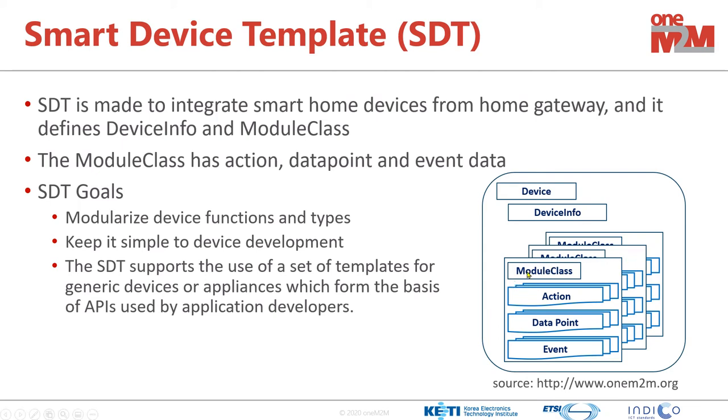So module classes are defined to be used in different device types because there are common module classes like the power or the channel volume, as I explained. So this is all about home appliances modularization, and not just home appliances, but it could be used in different kinds of domains.